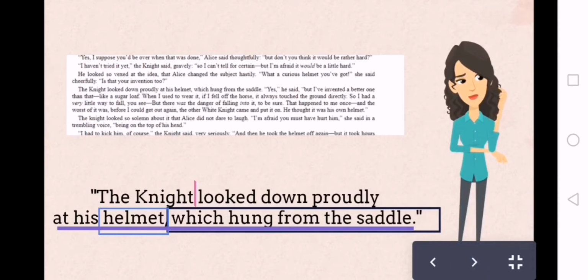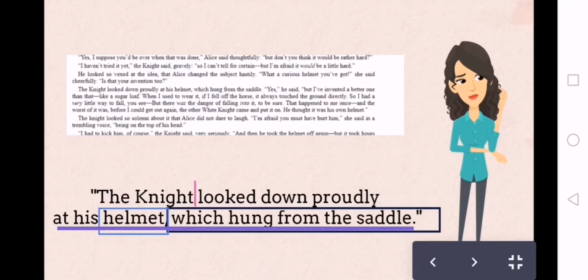Our sixth sentence is "The knight looked down proudly at his helmet, which hung from the saddle." We know that "the knight" is the subject, and "looked down" is our conjugated verb. So our predicate is "looked down proudly at his helmet, which hung from the saddle." We can see that "which" is a subordinator.